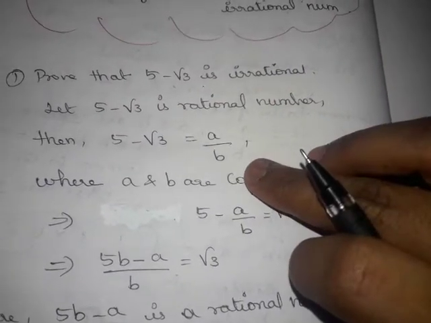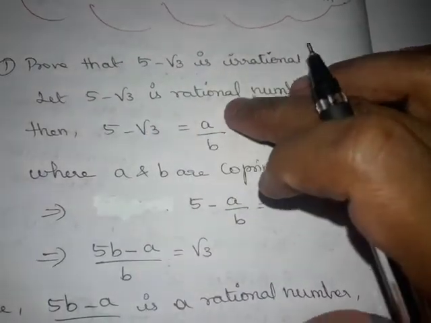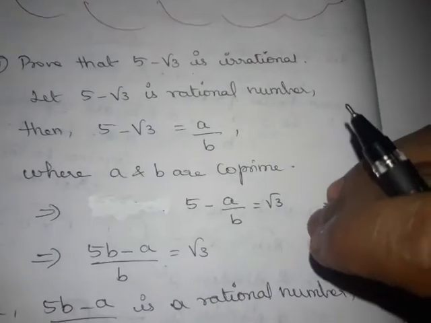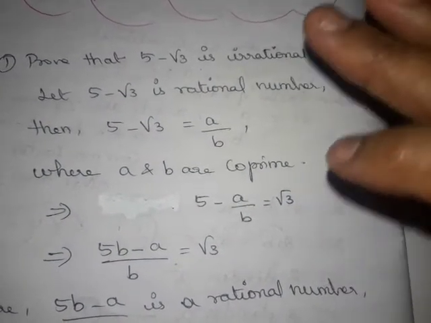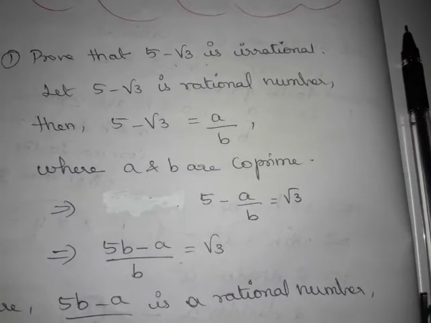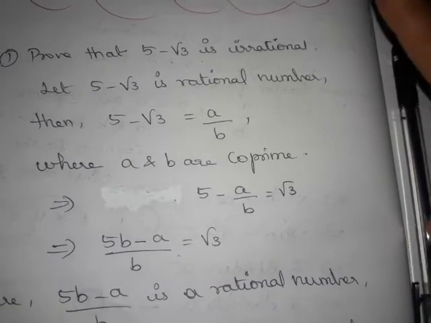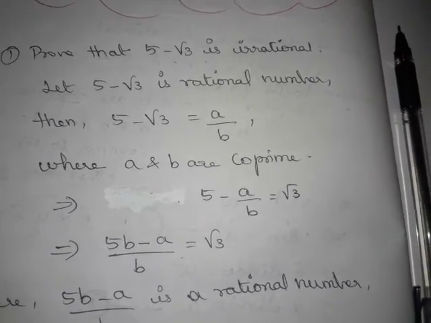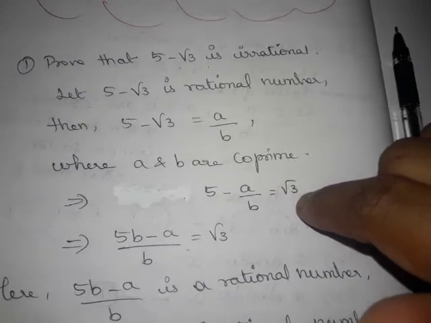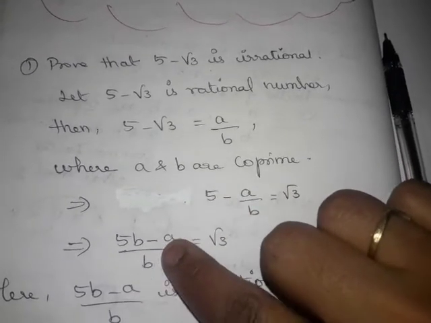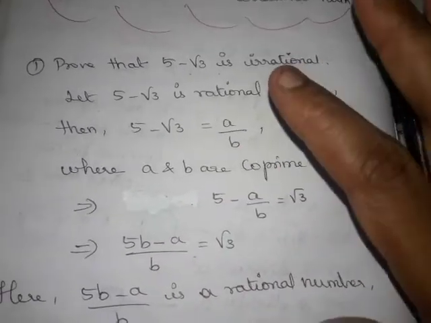Now after this step, we bring this root 3 to the other side, trying to keep the irrational number on the other side. Root 2 and root 3 are irrational numbers, a standard fact, because those are theorems we have proved. Now 5 minus a by b is equal to root 3. Now take the LCM, this becomes 5b minus a divided by b equals root 3.